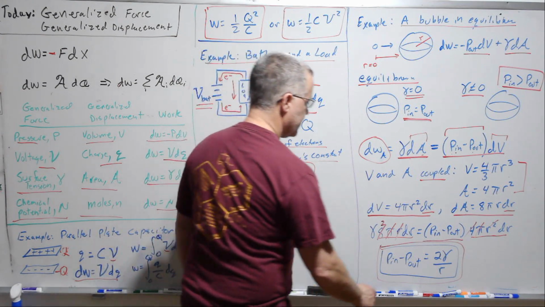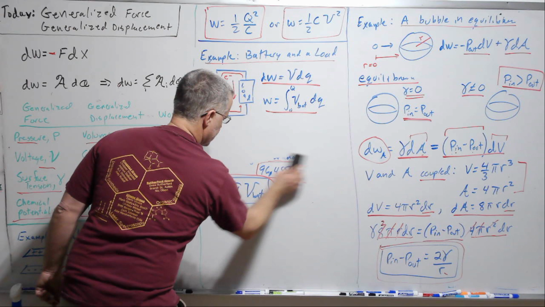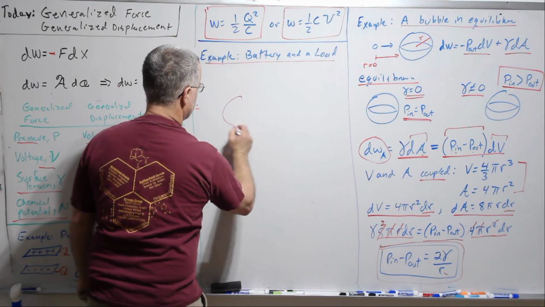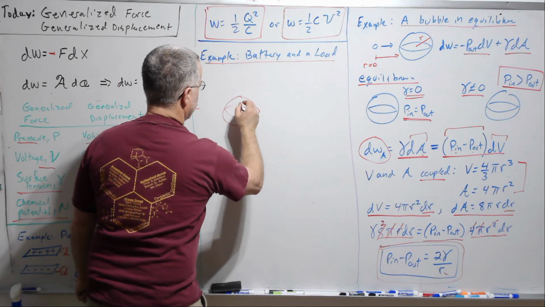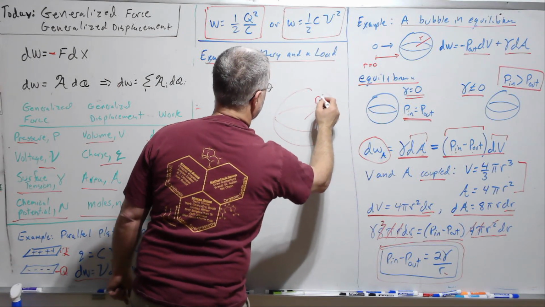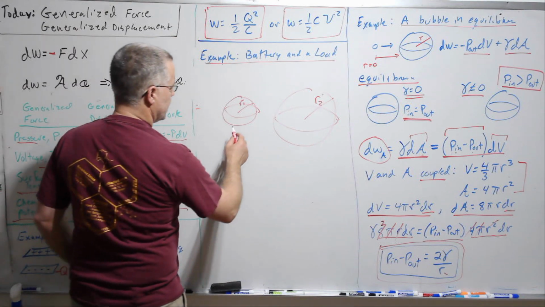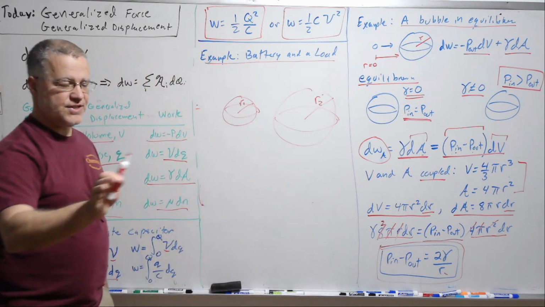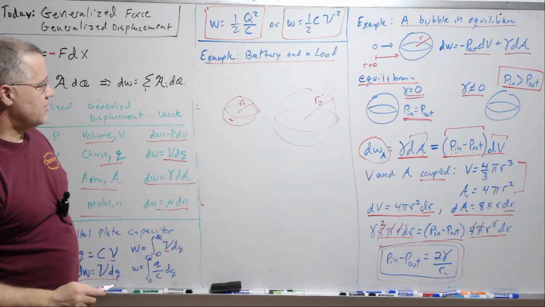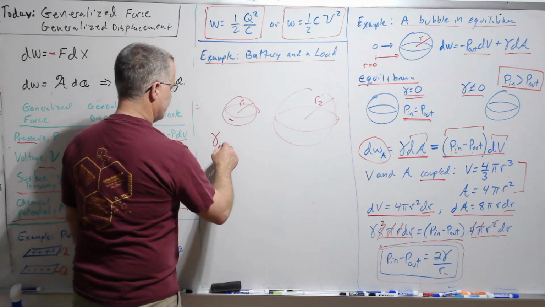That's interesting too. So if we have a bubble of radius r1 and then a bigger bubble of r2, and everything else the same, so the same molecules that make up the surface of the bubble, so gamma is the same.